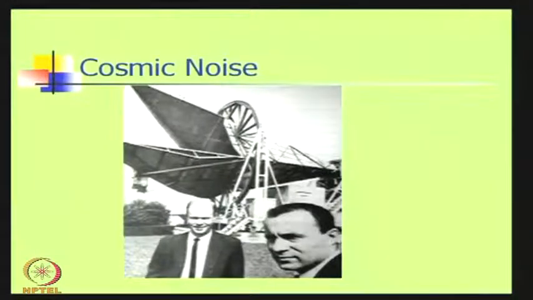Discussion till now has entirely been based on the observations of galaxies and the idea that the entire universe is filled with galaxies and these galaxies are moving apart from one another. Let us now jump to a very remarkable observational discovery that was made in the year 1964.